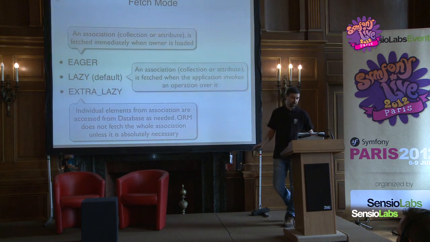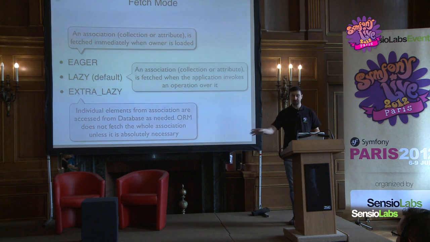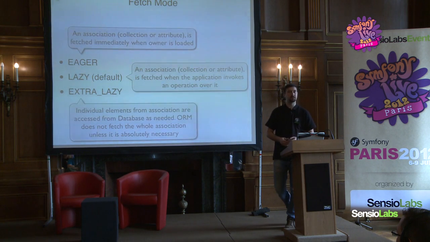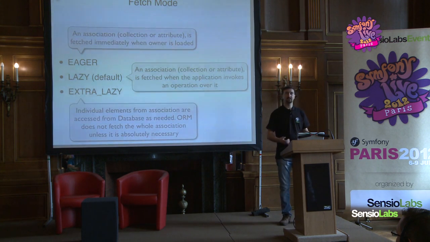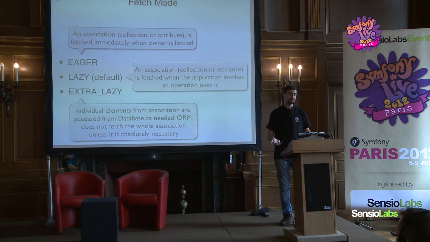And then we have the third one, which to me should be the default one. Any individual element inside of the association is accessed straight from the database, and only when extremely needed, we actually reload them. So for example, if you have a bad architecture, and then you have posts, which points to comments, and then you decide to grab the list of comments, or just decide to count the comments, it's not going to load the comment list.